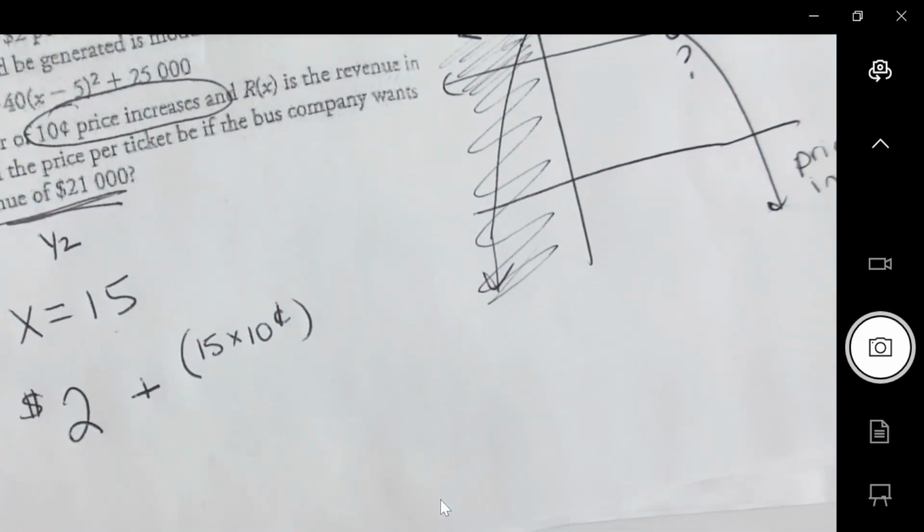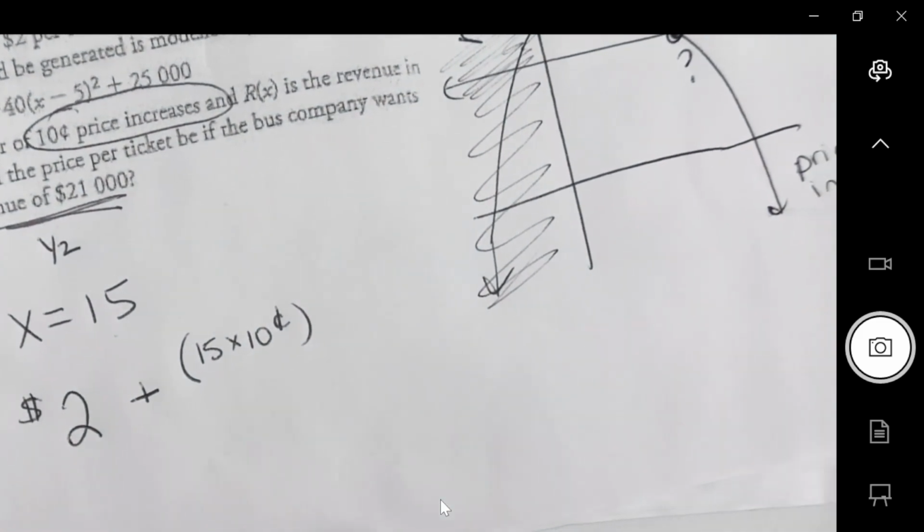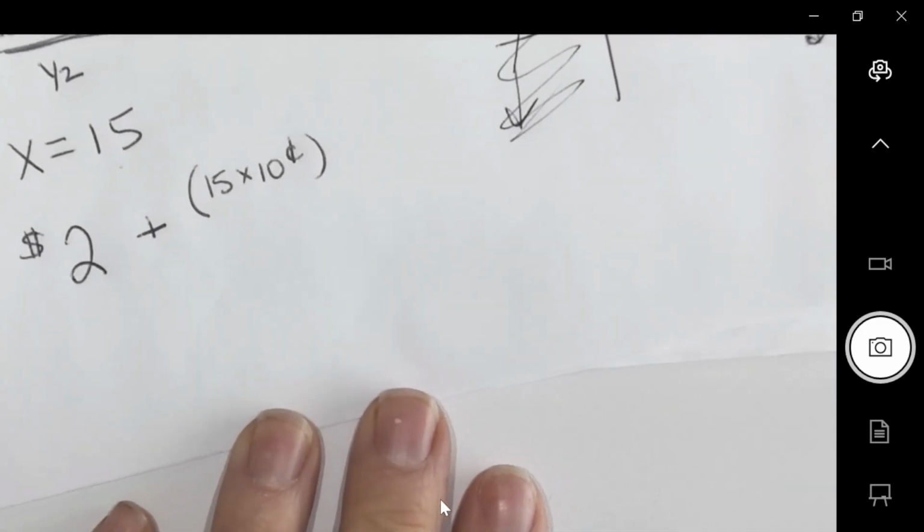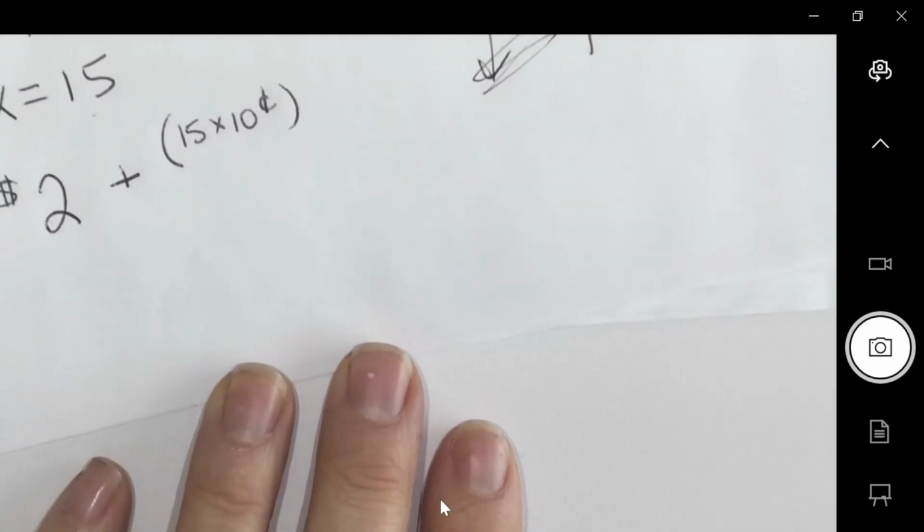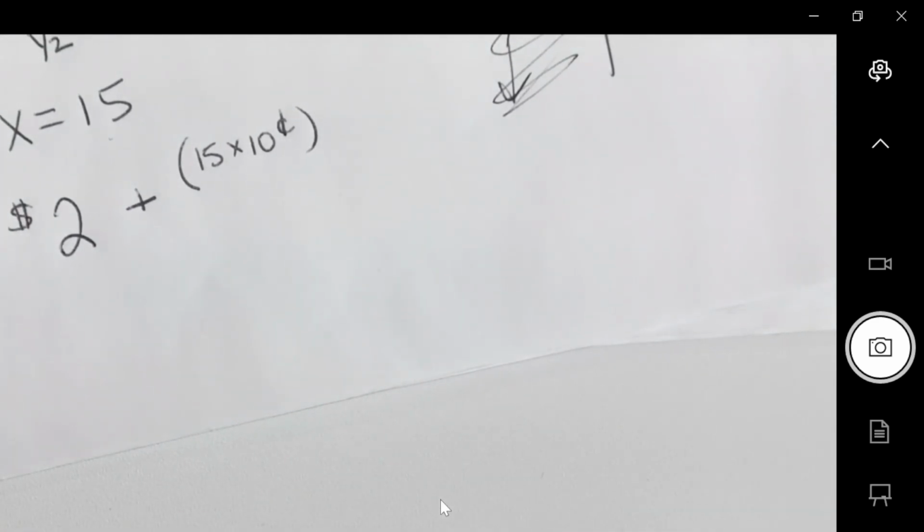So that's kind of the idea that I'm going with. Can you use your math skills to tell me that answer? Think about what you're doing. You're going 10 cents up, 10 cents up, 10 cents up. You're doing that 15 times. What are you ending up with here?